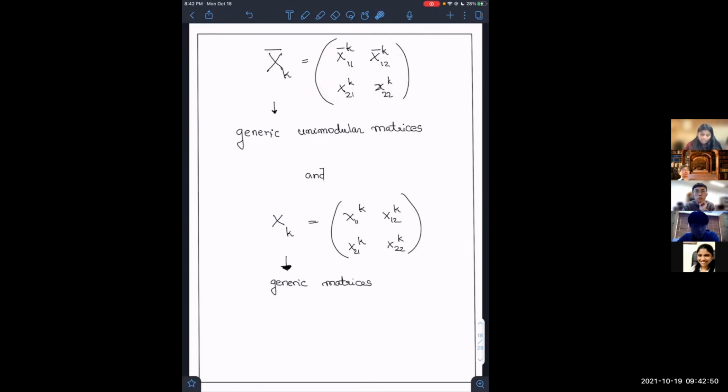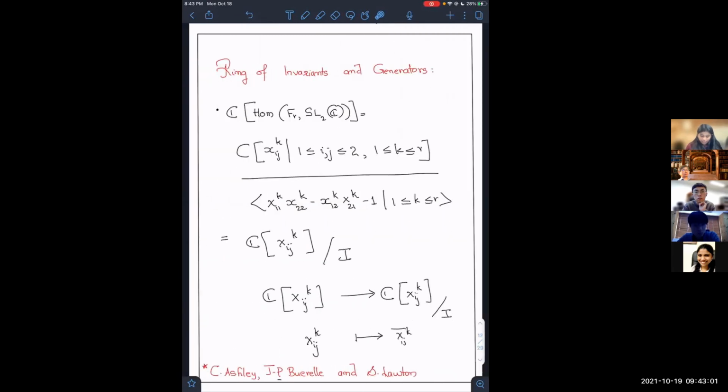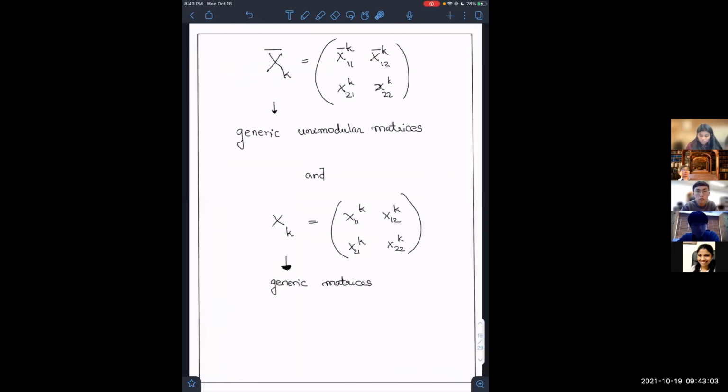We define generic matrices: there are R generic matrices, where the kth one has entries x11, x12, x21, and x22, and we denote its image projection onto the quotient by X_k bar, the generic unimodular matrices.